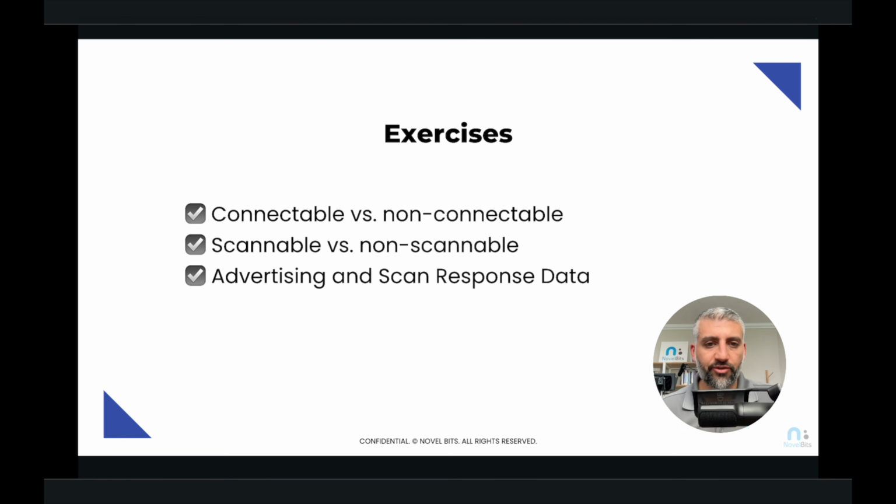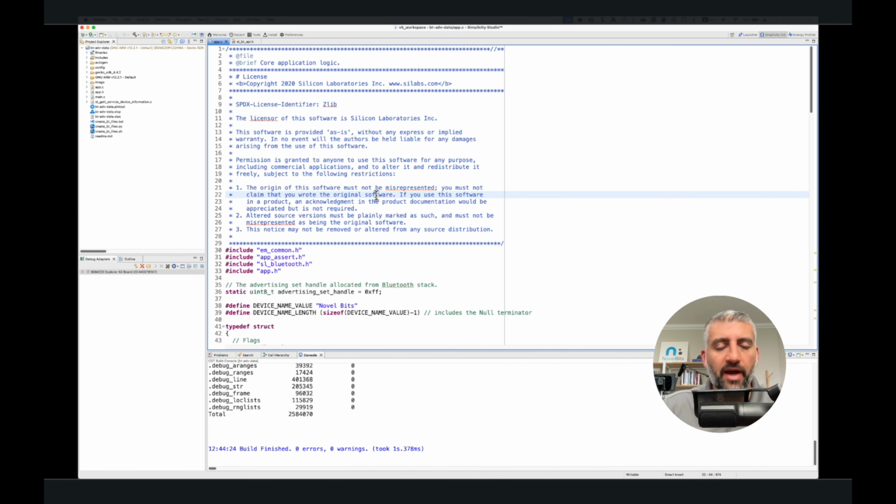Okay, so it's now time to get our hands dirty with some exercises on the Silicon Labs BG22 Explorer Kit board. Here I have Silicon Labs Simplicity Studio IDE, which is used for programming and development for their platforms.